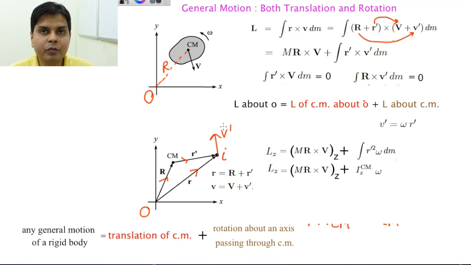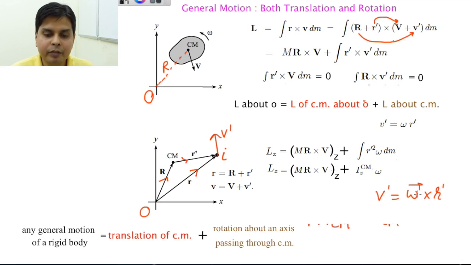Remember the earlier lectures where I had proved that V prime is equal to omega cross R prime, in my very first lecture. Instead of prime, I was using there P with respect to center of mass.